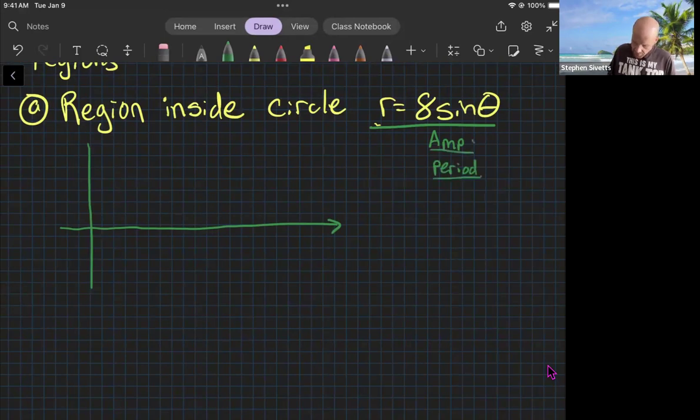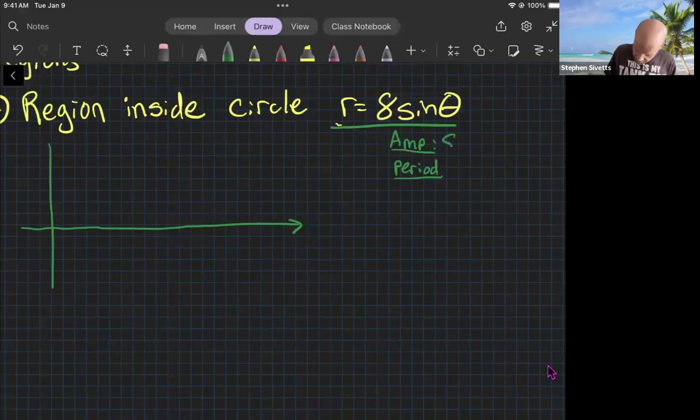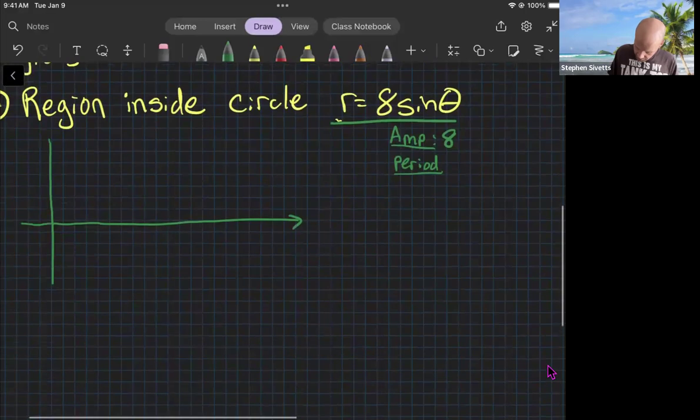And if we have any phase shift or vertical shift, right? So the amplitude is the number which is multiplied by the sine or the cosine function. So the amplitude is 8. The period here is just 2 pi, right? We don't see a number that's multiplied by theta, right? So the period is 2 pi, right?